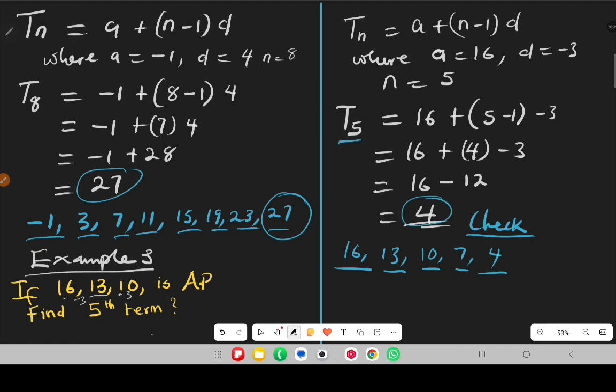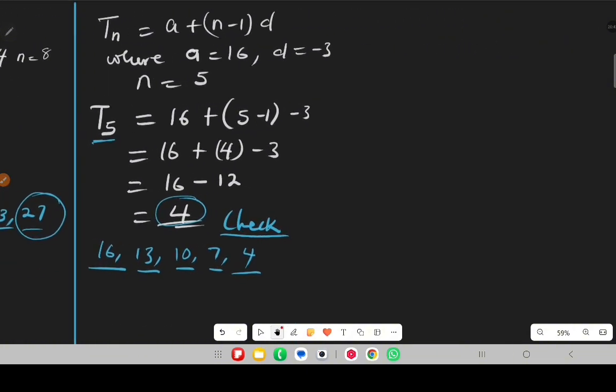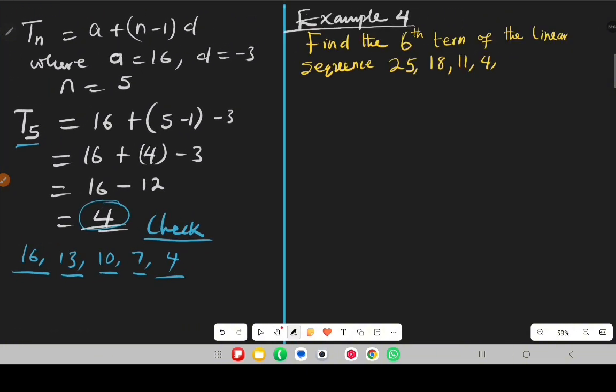Now let's take the last example, which is example 4. Example 4 is a decreasing sequence as well. We write solution.